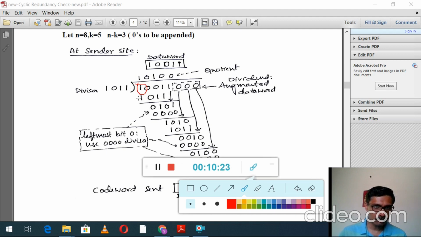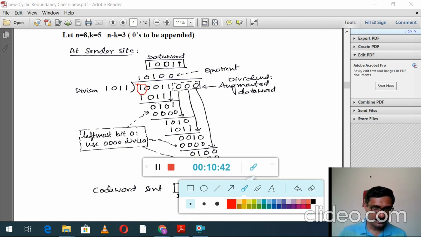So 1 XOR 1 is 0. We simply discard that 0, because at the end we need 4 bits. We take this 1 here, so the total is 4 bits. Then 0 XOR 0 is 0, 0 XOR 1 is 1, 1 XOR 1 is 0. So this 1 is taken here.